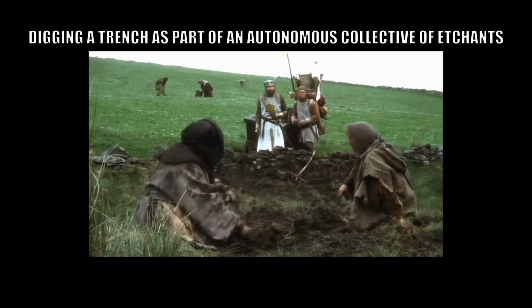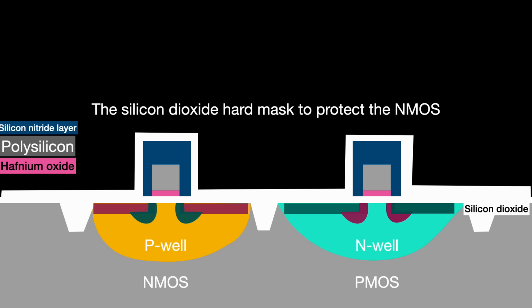We must etch trenches into the silicon around the dummy gate of the PMOS to make room for the silicon germanium, and this is somewhat challenging. It starts with using thermal oxidation to grow another layer of silicon dioxide over both the NMOS and PMOS. The silicon dioxide serves as a, quote, hard mask, end quote, for more protection for the NMOS while we work on the PMOS.